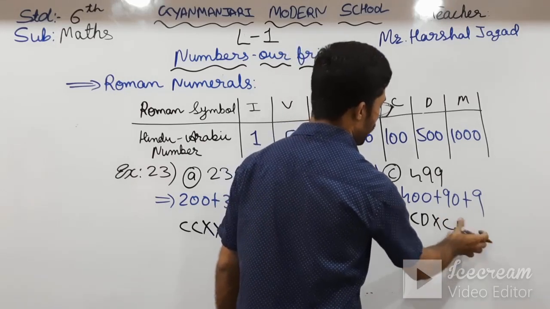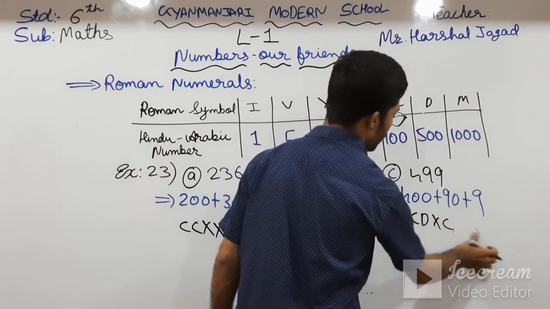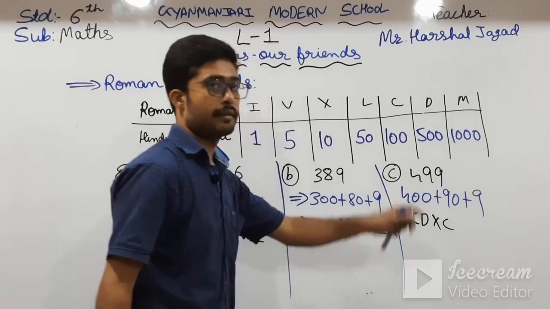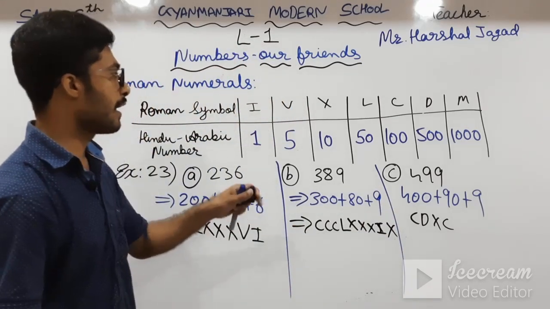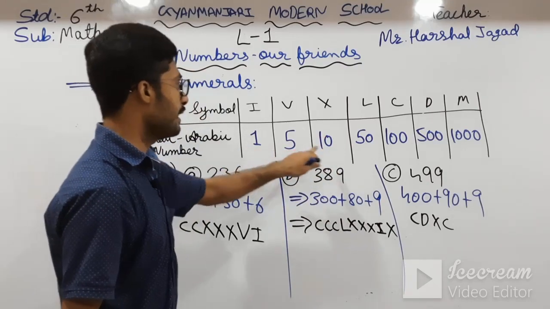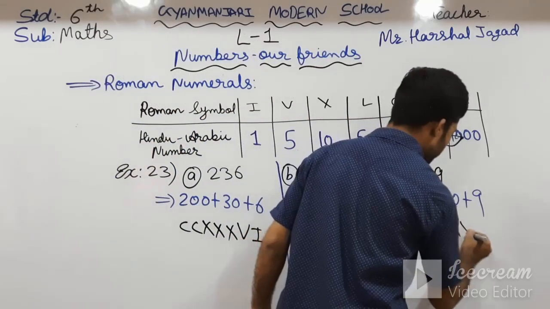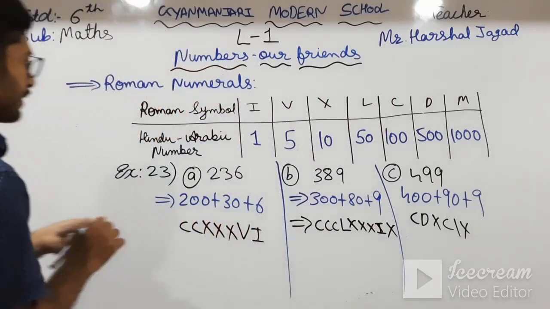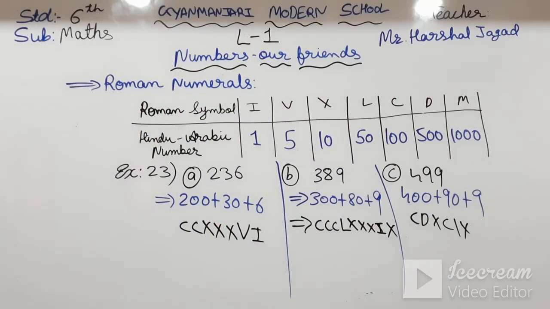And how can we write 9? Can you tell me, students? Here also we have written 9: IX. This is 9, students.